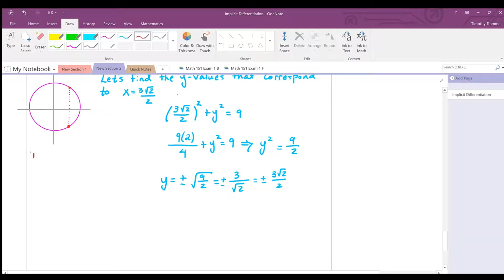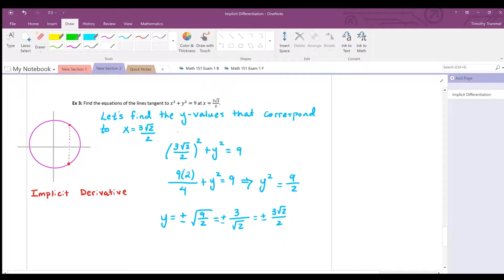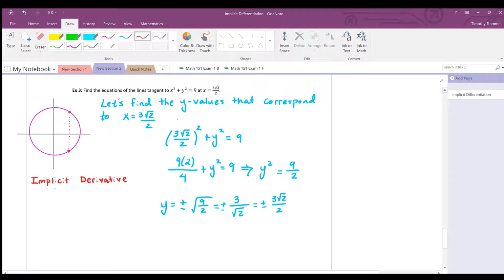I'll just write implicit derivative, and specifically, I'm talking about taking the derivative of x squared plus y squared equals 9.